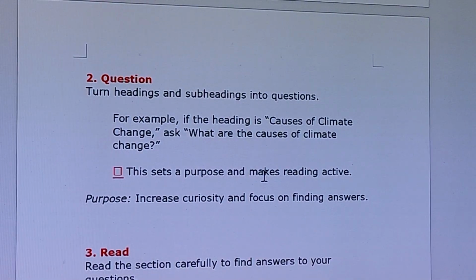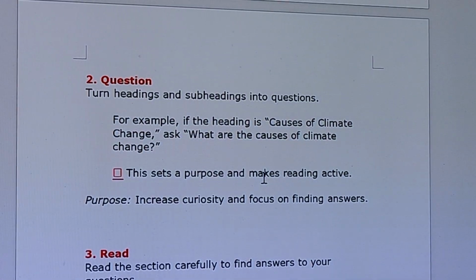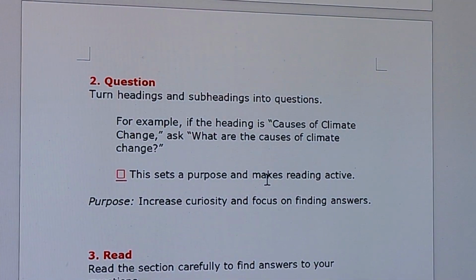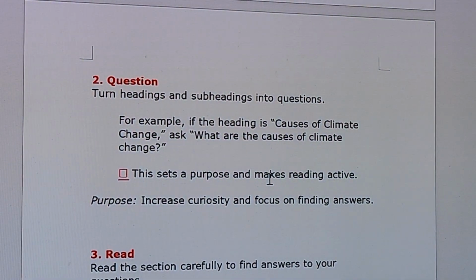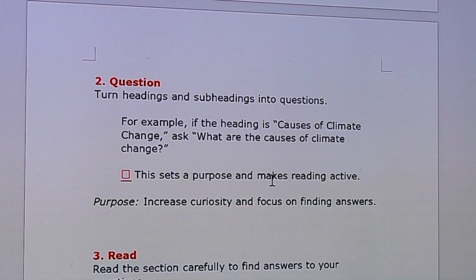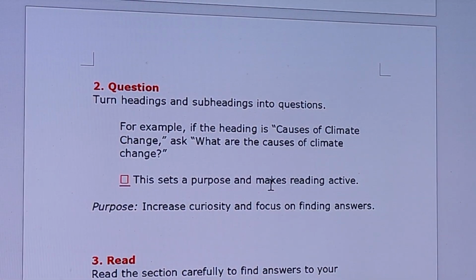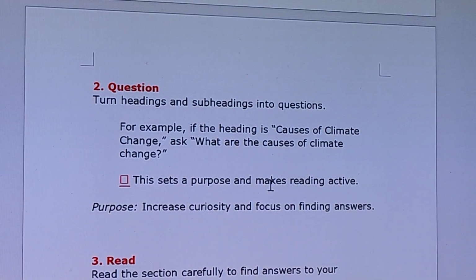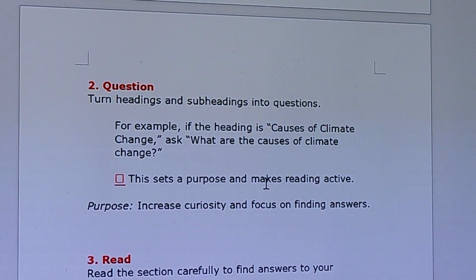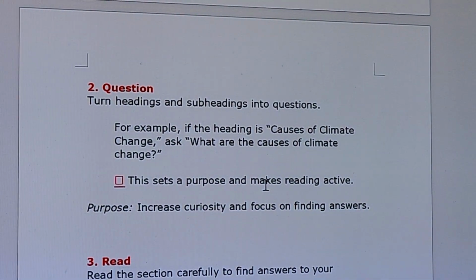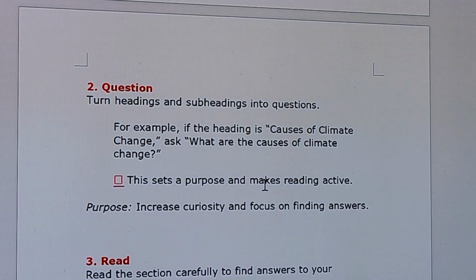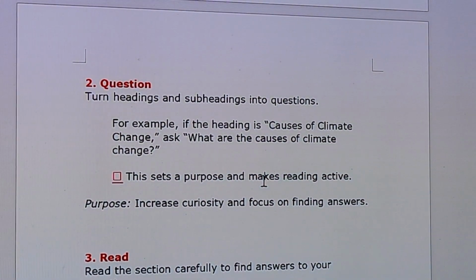The second step is question. Turn the headings and subheadings into questions. For example, if the heading is the cause of climate change, ask, what are the causes of climate change? You start asking yourself questions as you're scanning through, because now you're stimulating your brain, and the brain responds very powerfully to questions. Every time you ask a question, the brain gets very happy.